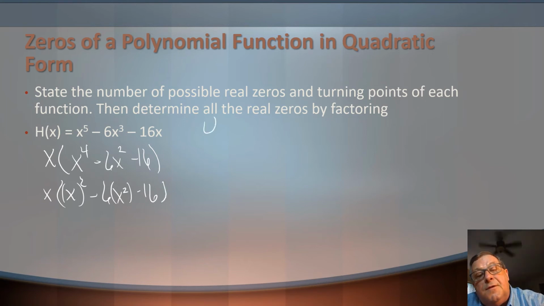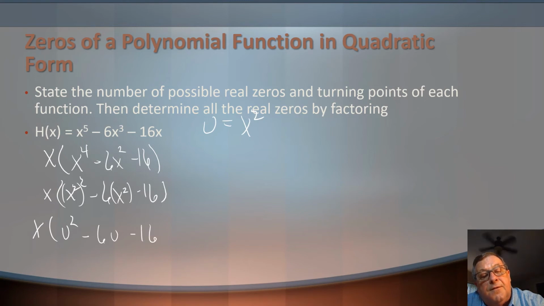And then let's set that u is equal to x squared. So substituting in u for x squared, we've got x here still remaining, and then we've got u squared, that should be x squared squared, excuse me, minus 6u minus 16.